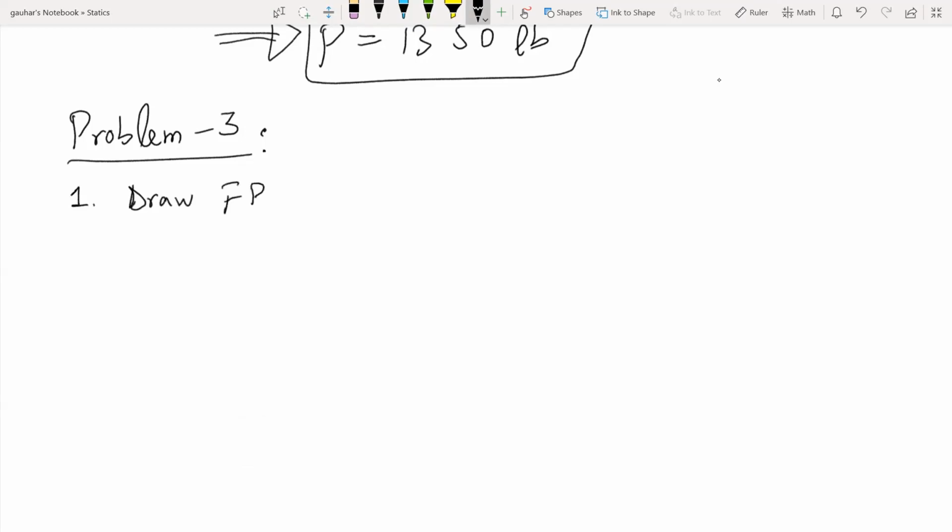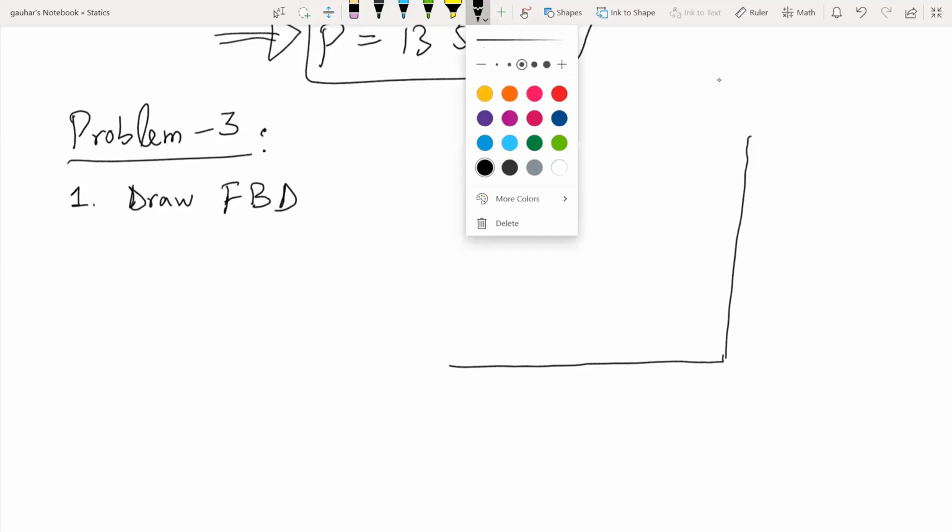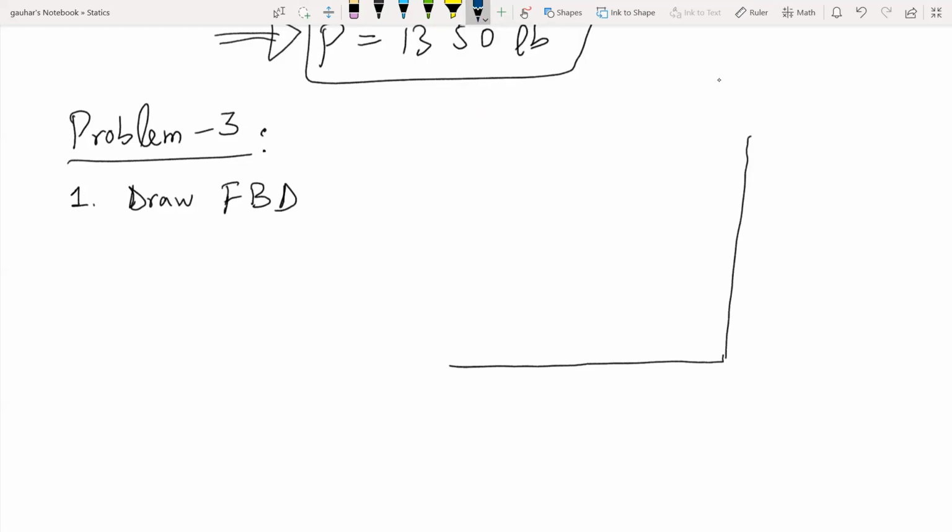So draw the free body diagram of this problem. Okay, so this is the wall, this is the floor. Let's use some other color to draw the spool. Let's say this is a spool.